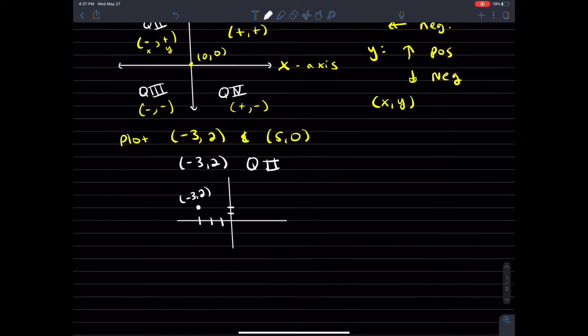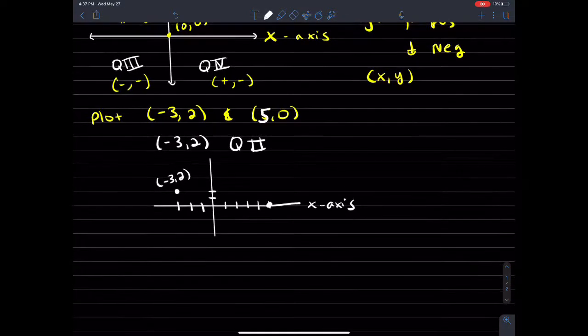And (5, 0) is 5 to the right, 1, 2, 3, 4, 5, and then 0 up or down, which lands us on the x-axis. This is (5, 0), and that would be an x-intercept.